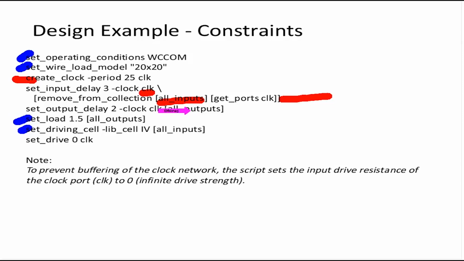Now usually it's advisable not to do any design rule fixing on the clock. Why? Because the clock usually fans out to almost all the registers in the design. So let's say you have a single clock and you have 1000 registers. This port clock will be driving, it will have a fan out of 1000.